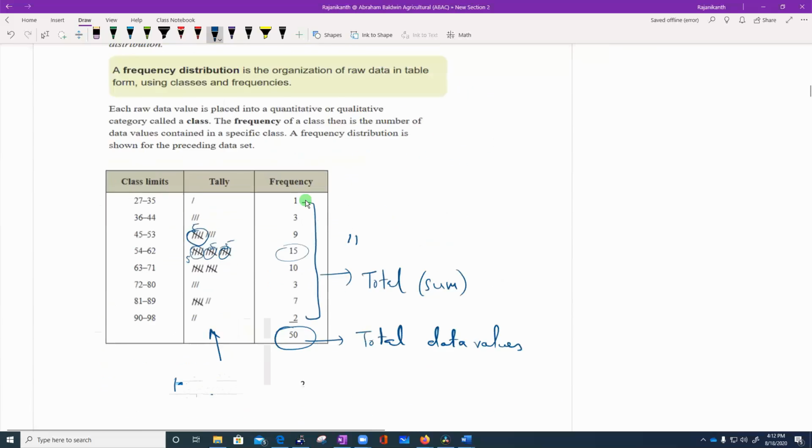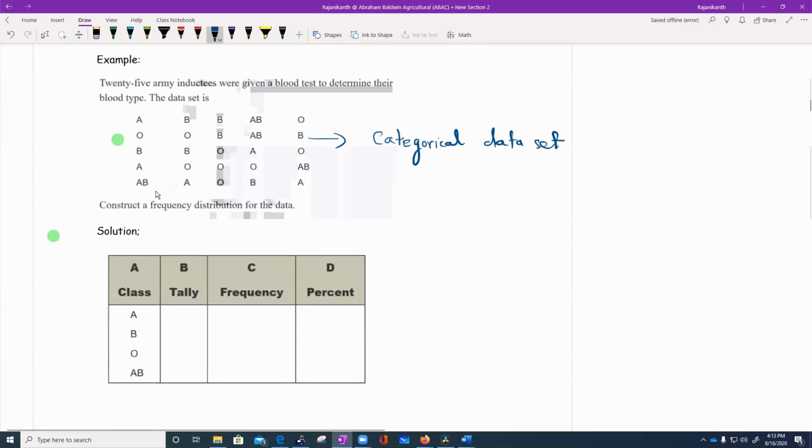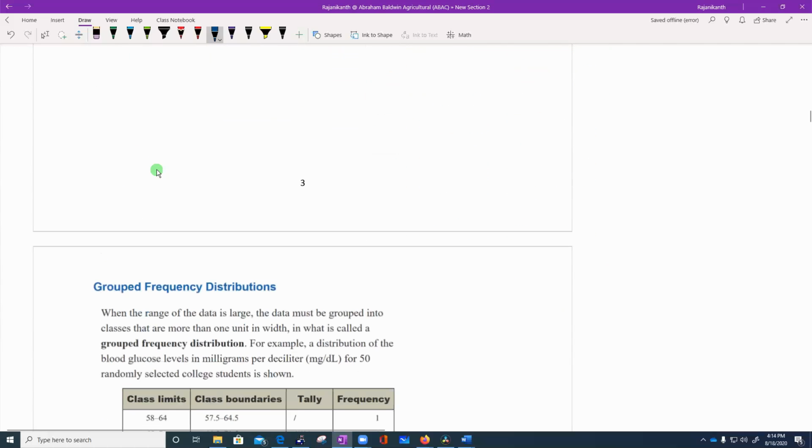If you see numbers like this, you could call these numerical data. Okay, so make sure that you understand how to complete the frequency distribution table. I'm leaving this here because it is all explained in detail. Please watch my videos.